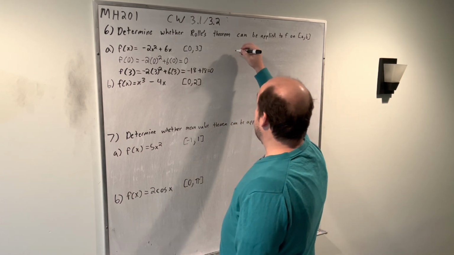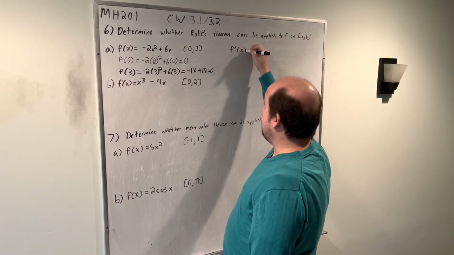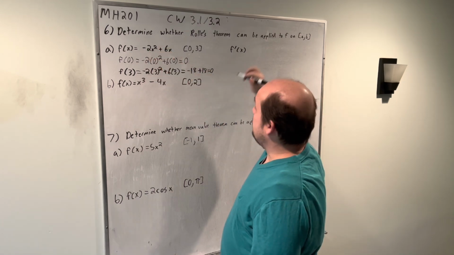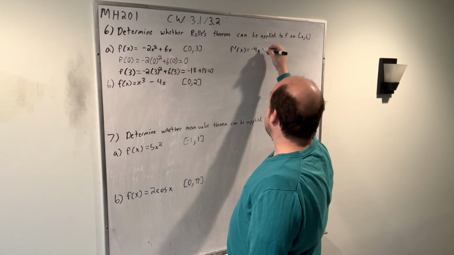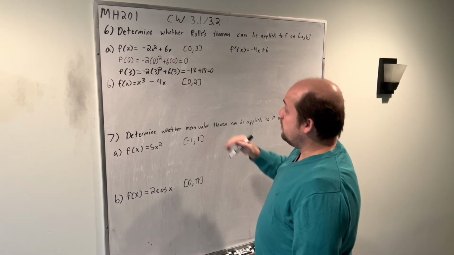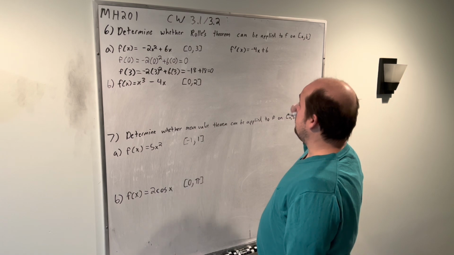It means that I should be able to find f prime of x. In this case, 2 comes down times that -2 and gives me -4x. X drops off to 6 plus 6, and somewhere between 0 and 3, this should equal 0.